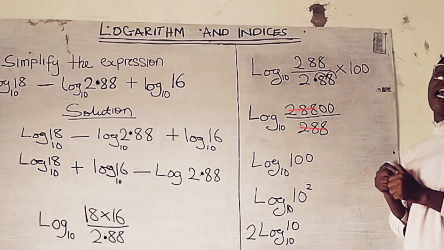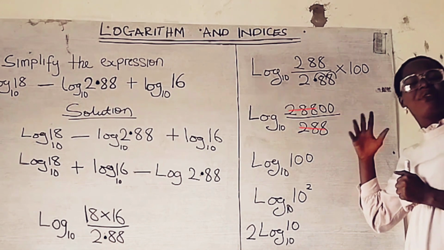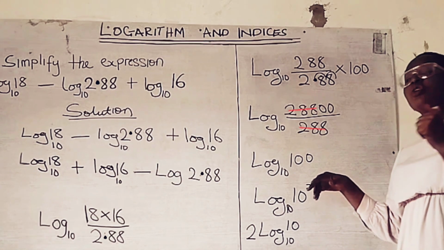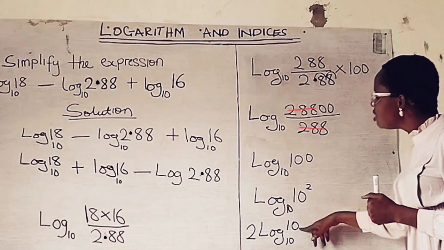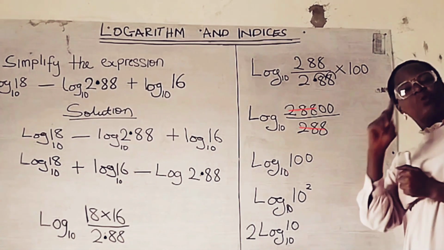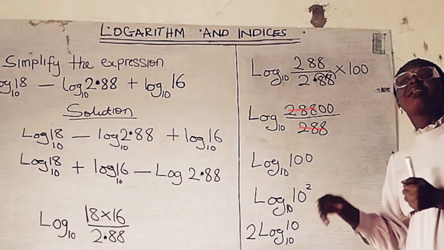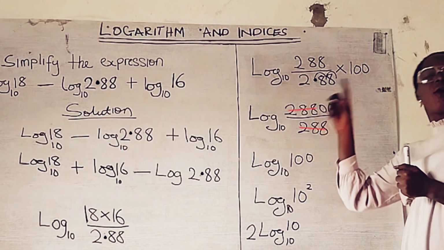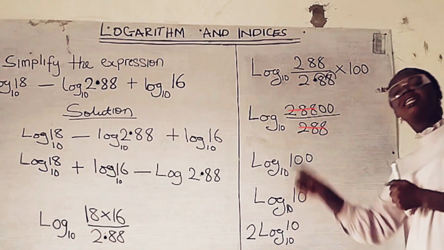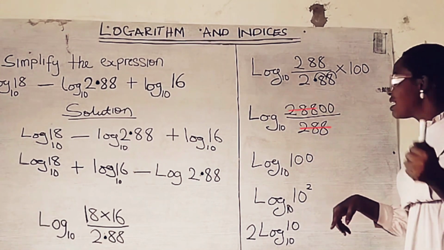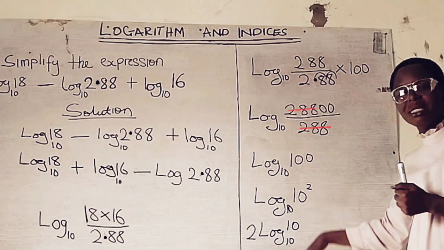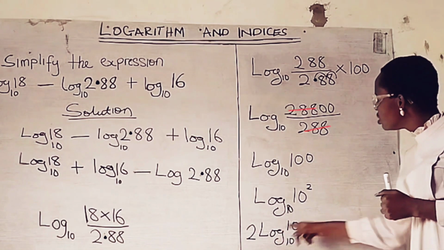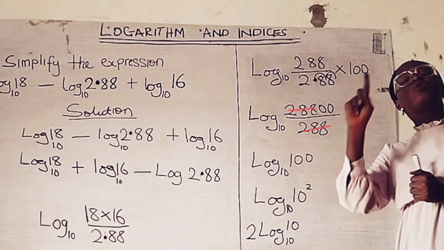And as I said in our previous lessons in this volume, log 10 to base 10 is 1, just like log 2 to base 2 is 1, and log 3 to base 3 is 1. I told us that any log to its base equals 1. So this log 10 to base 10 is 1.